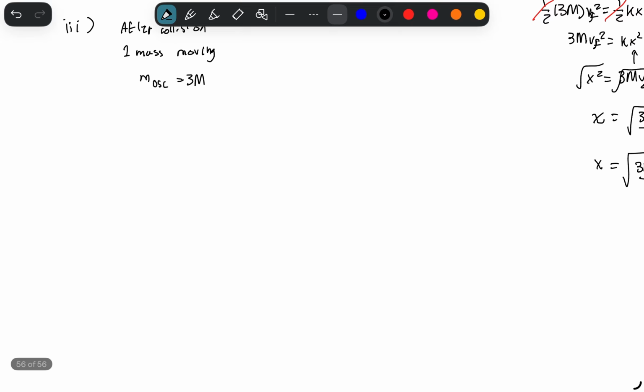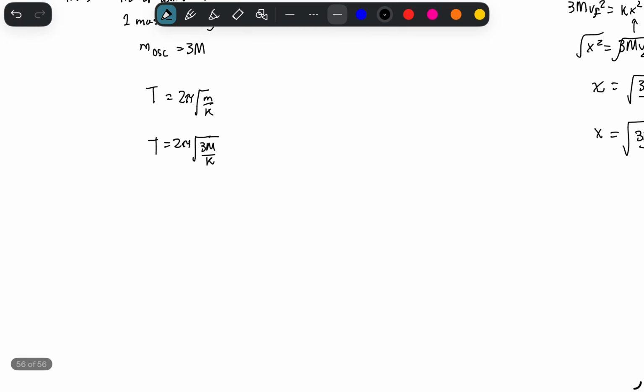And then we know that when we have a mass spring oscillator in the horizontal direction, we have 2 pi root m over k. So if we say our m is 3m, we'll have T is equal to 2 pi root 3m over k. So that is your period.